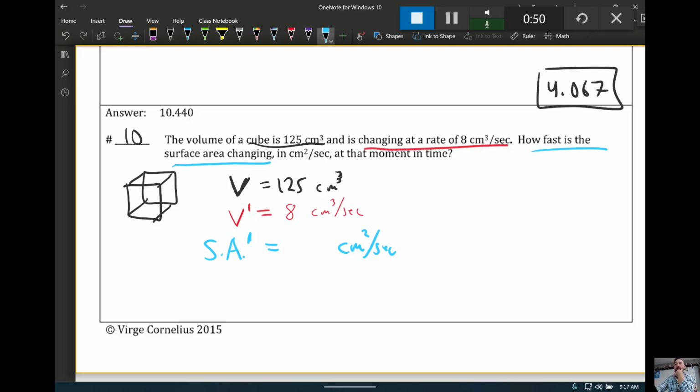Alright, so based on the shape, I think that they want me to use the volume formula. I'm not 100% sure, but I got to start with something. So volume of a cube, this has two bases, so you could do area of the base, side times the height, side, which gives you side cubed, or you could memorize it. But when I take the derivative of this, I get V prime.